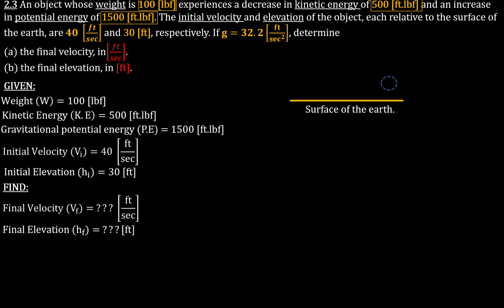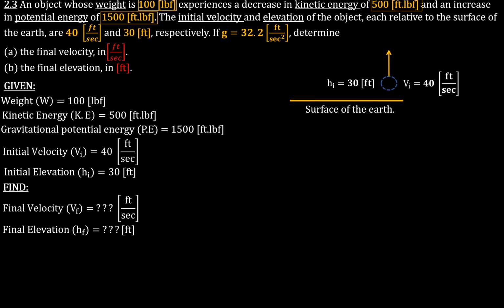And we are told that we have an object, initially at a height of 30 feet, with its initial velocity of 40 feet per second. Here, the object will move up. Now, why did we say that the object will move up? Because in the problem, we are told that the object is experiencing a decrease in kinetic energy.